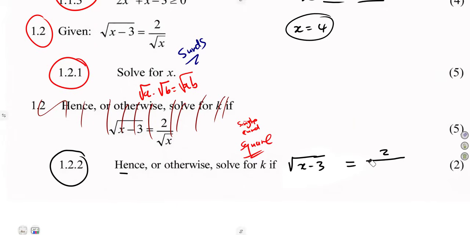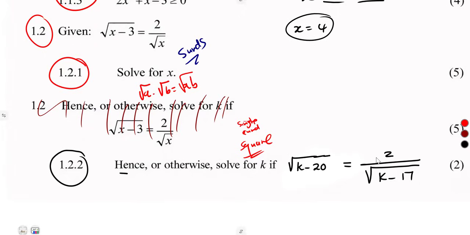Sorry, the one that we are now solving is, remember, I'm also writing the wrong thing here. It's k minus 20 is equal to 2 over the square root of k minus 17.